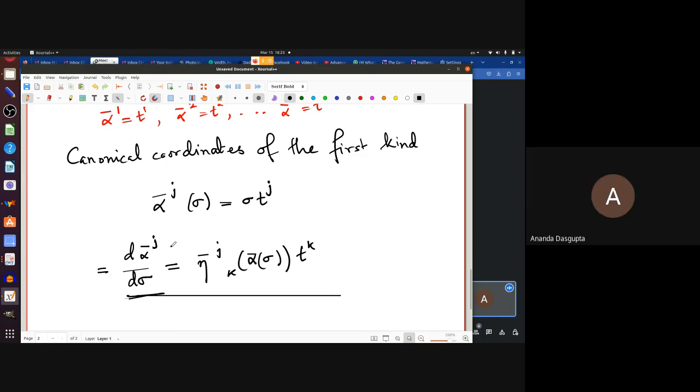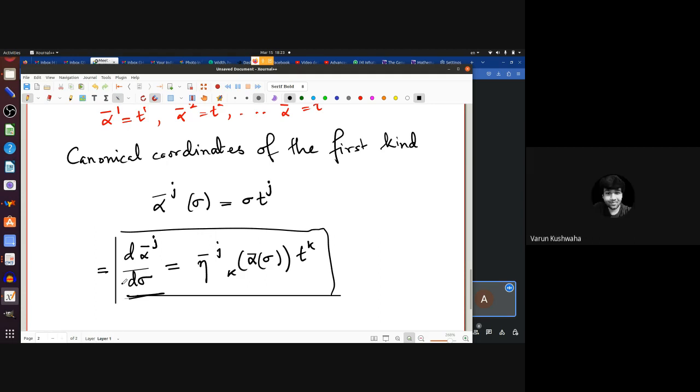Everybody saw this equation at least. Realize that this is nothing but the equation that we had in general for any general coordinate system that we use on the group. We had this equation that for a one parameter subgroup, d alpha d sigma will be eta jk tk. Now that will also happen here. The alpha bar j d sigma will be eta bar jk alpha bar sigma tk, right?